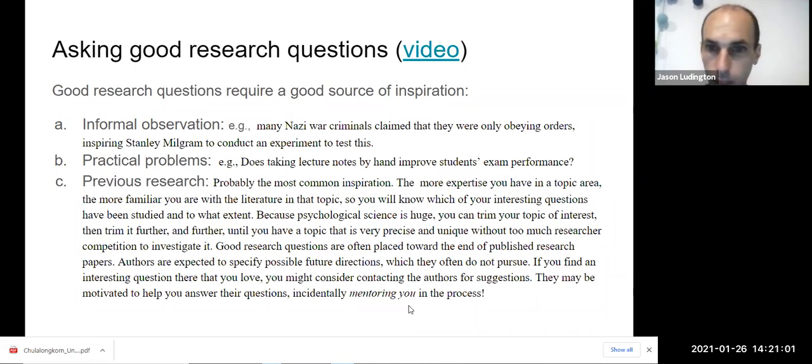Good research questions are often placed at the end of the published research paper. That's a tradition, a good tradition. Since we get research ideas from research already done, they make it easier by asking the important questions that they didn't answer.